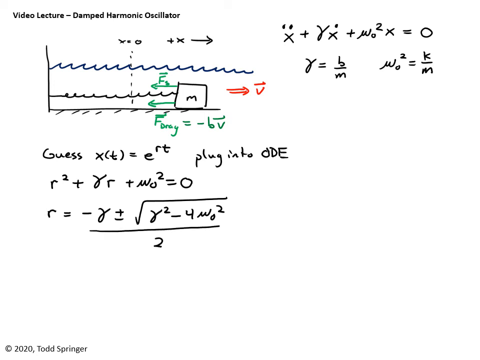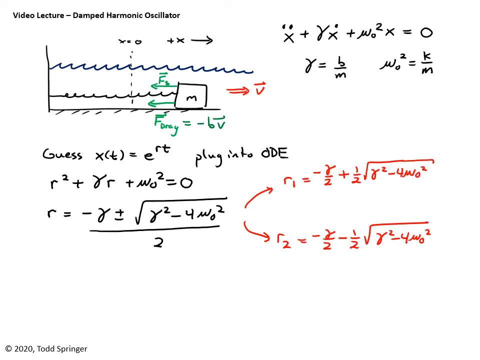So I have two solutions, r1 and r2, one with the plus sign and one with the minus sign. So that was straightforward. We just were able to write down those solutions. But now thinking physically about what's going on is going to take a little more time.